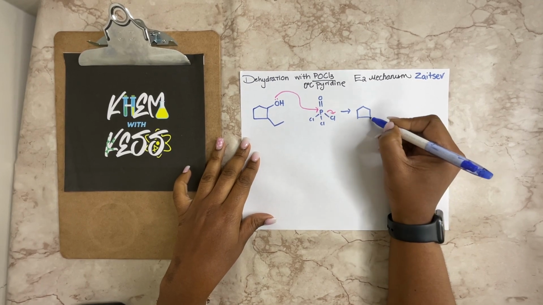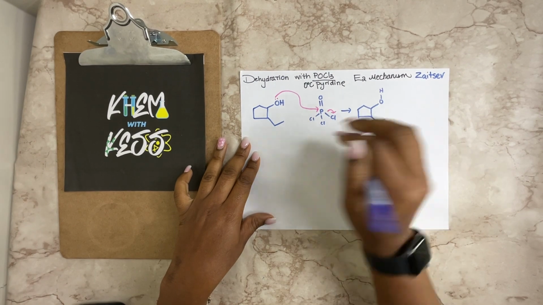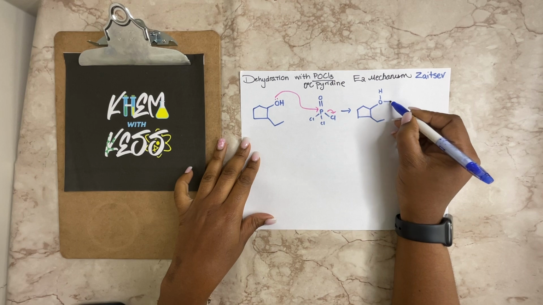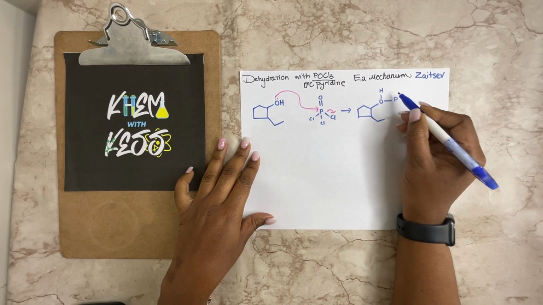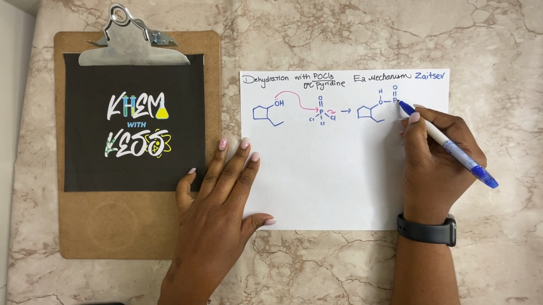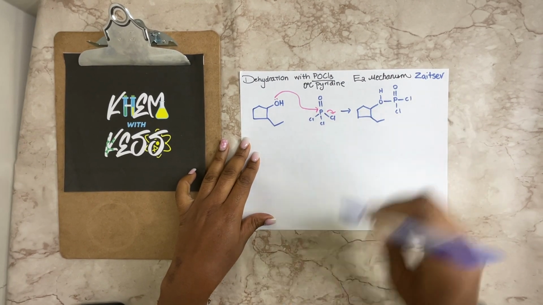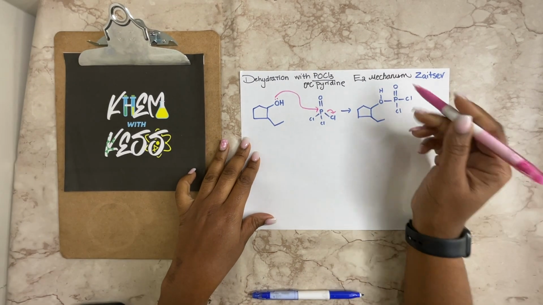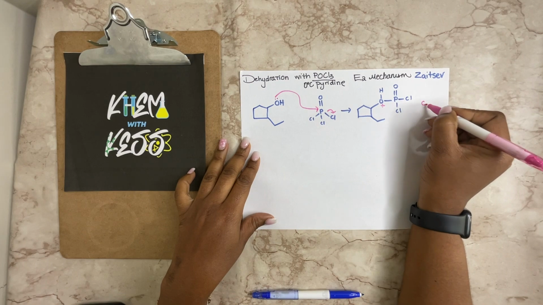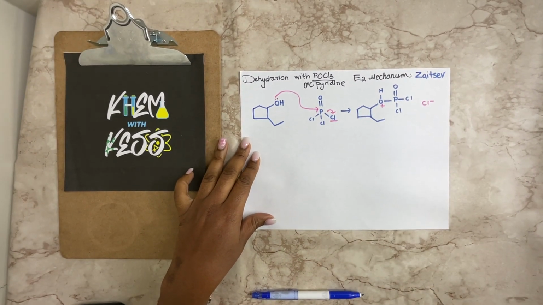So we now have, I'm going to rotate that hydrogen that's connected to the alcohol group up. Then I know this is going to be connected to the phosphorus. The phosphorus has the carbonyl, and now it has two Cl groups. And remember, oxygen has 3 bonds now, so it gets a positive charge. And you still have the Cl minus, one of them that popped off.